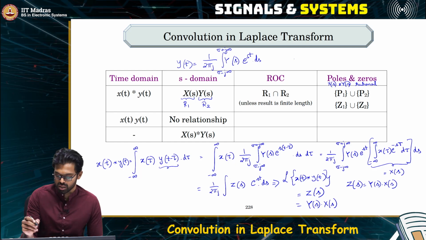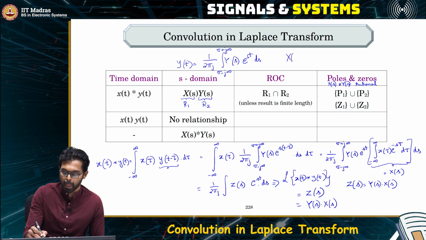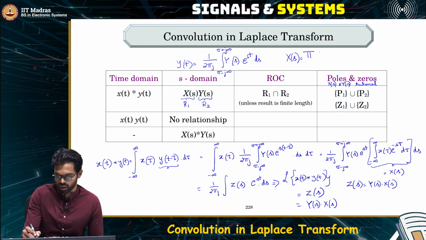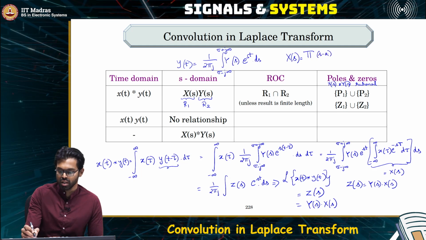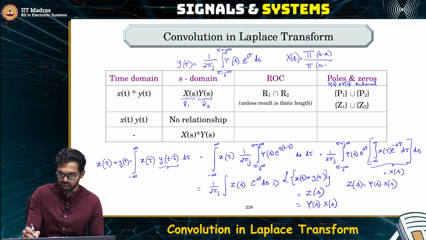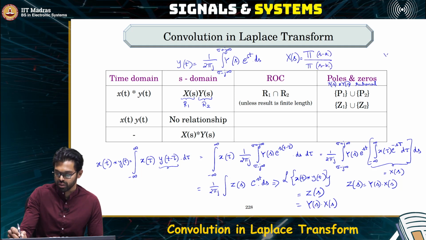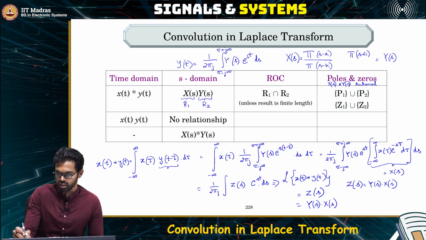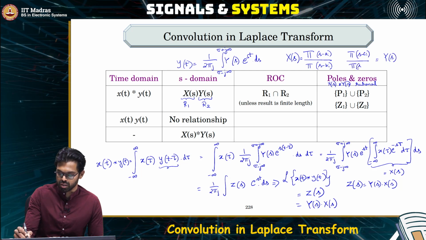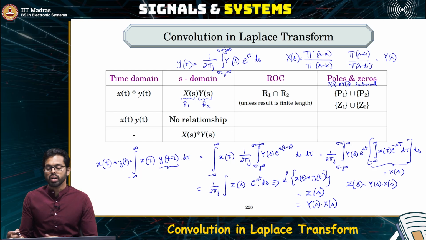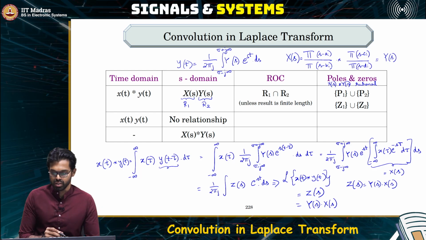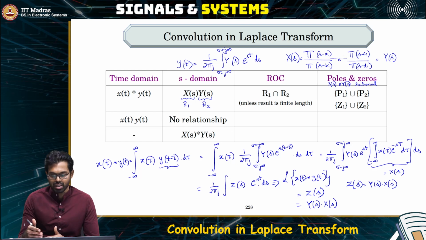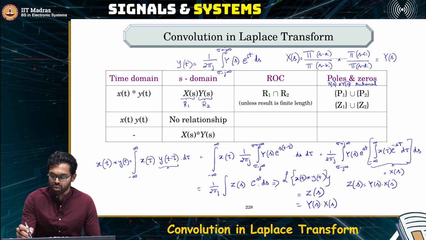Let us say X of s was of the form some product of s minus a_i over product of s minus b_i, and Y of s was of the form, let us say, product of s minus c_i over product of s minus d_i. Now what is the product of these two? It is just the multiplication of these two, which means now the zeros will simply be the a_i's and c_i's, and the poles will be the b_i's and d_i's.